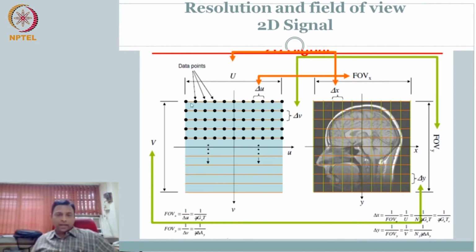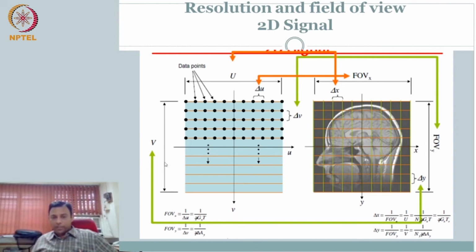So this is your acquired data space, where I have samples spaced with delta u. This is your u direction. This is my v direction. I have samples spaced with delta v. In the spatial domain, we have delta x in this direction, delta y in this direction. Field of view x direction, field of view y direction.